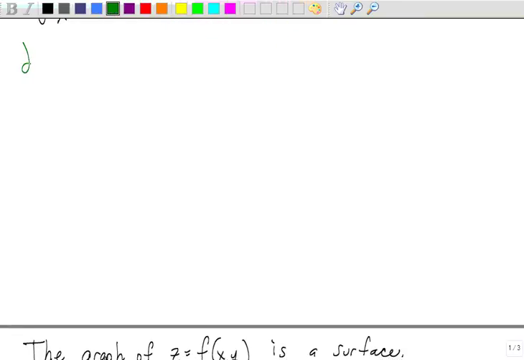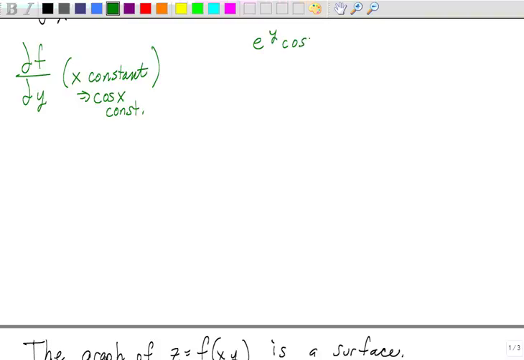Okay, likewise, we can take the partial with respect to y. Here, x is constant. So that means cosine x is constant. So again, let me write our function so we can reference it. So this is a constant.